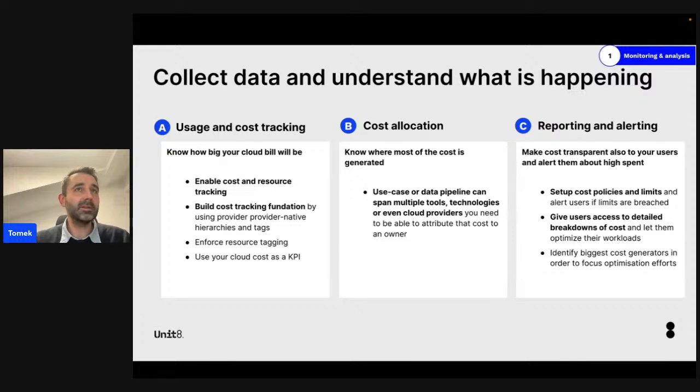And then it's reporting and alerting. It's all about setting cost policies and limits on use cases, organizations and sub-organizations, and also giving your end users access to all that information and alerting them about how costs are evolving on your platform.